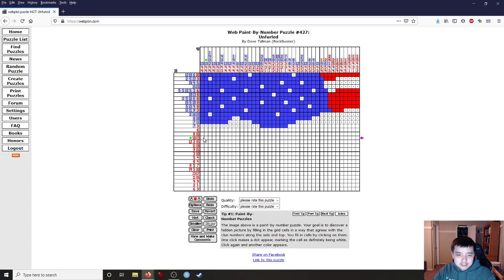Furthermore, the 18 does not have to start completely to the left, and the 13 does not have to start completely to the right. But what I'm going to do is make this hypothetical: if the cells are filled in as far left as possible, they would be here. And if the cells were filled in as far right as possible, they would be here.